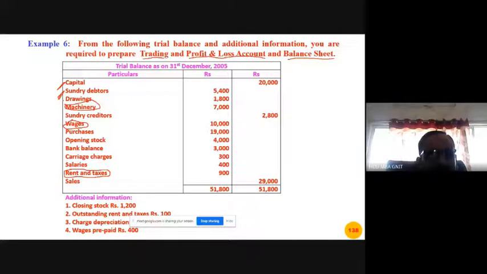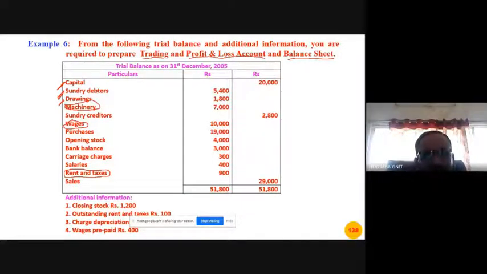Drawings. Drawings means what? The amount taken by the owner for his personal use. The cash or goods or any benefit which is taken by the owner for his personal use is called drawings. So drawings reduces the capital invested by him.